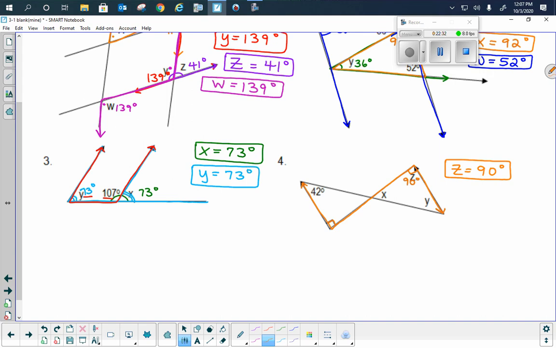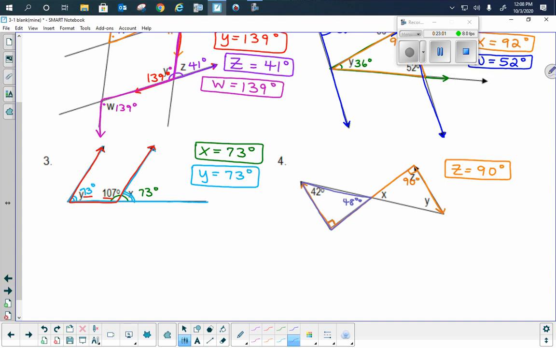I could use the triangle here on the left-hand side, right? I can use this triangle right here to solve for this angle. If I do 42 plus 90 and subtract from 180, I will get that that angle is 48 degrees.